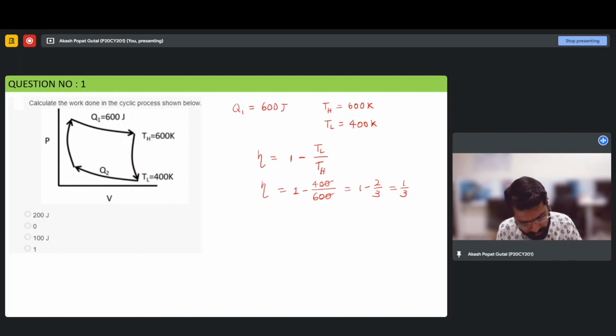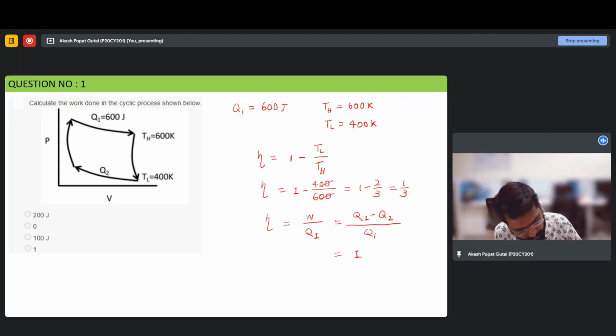We know another definition of efficiency is the work done divided by the heat gained by the system. This work done can be defined as the difference between Q1 and Q2, which is Q1 minus Q2, divided by Q1.